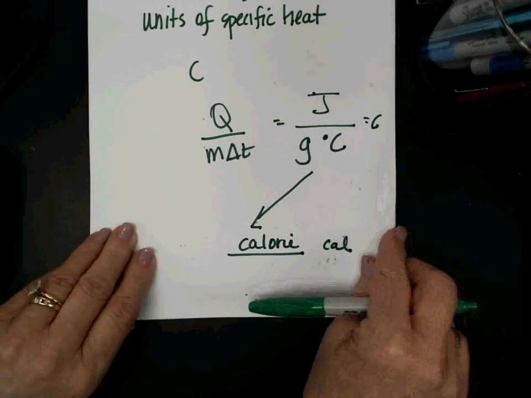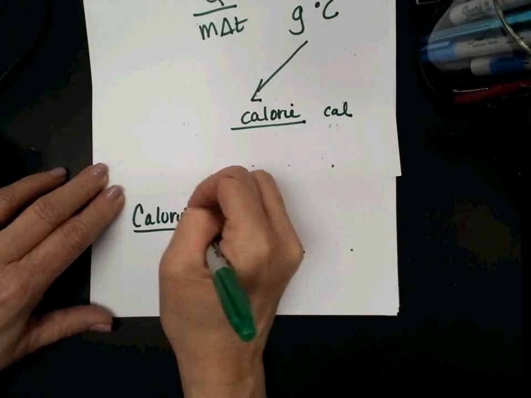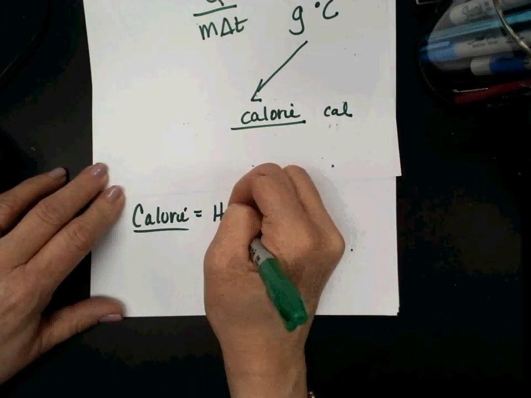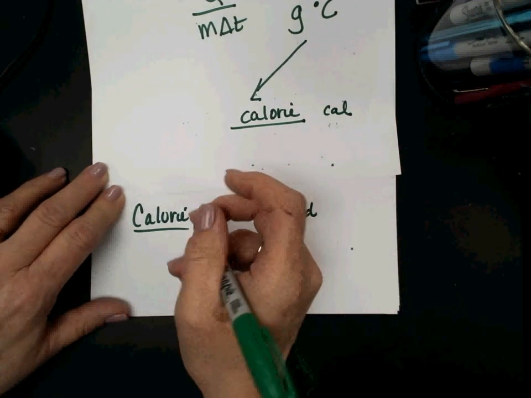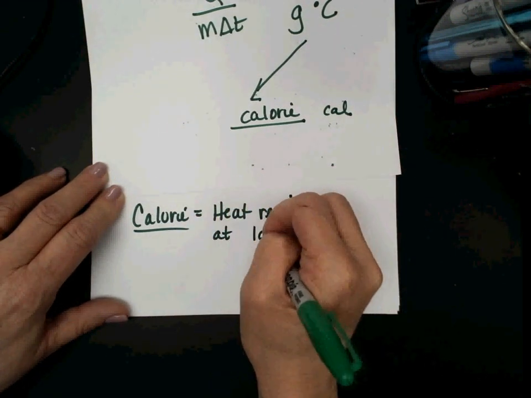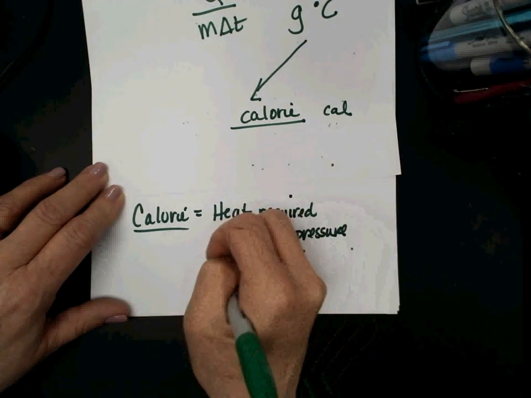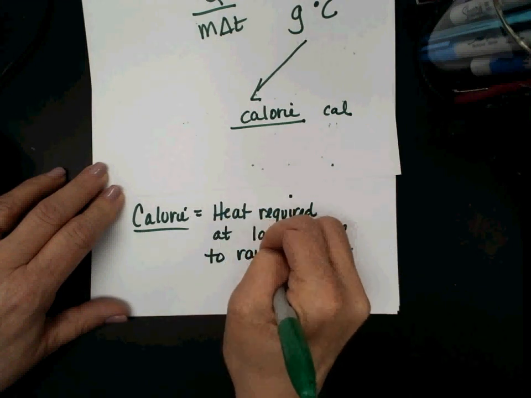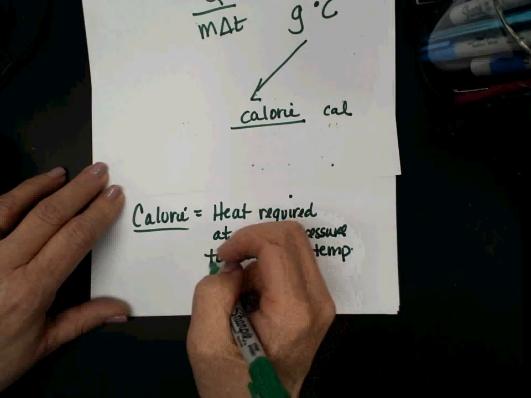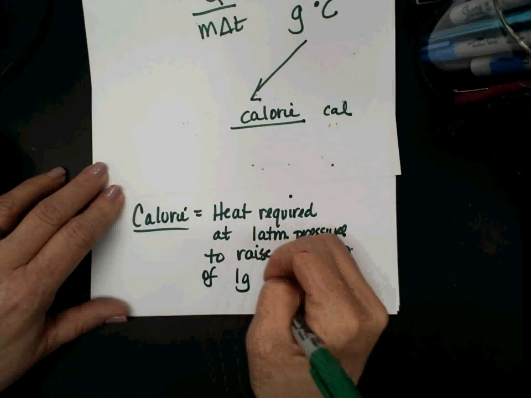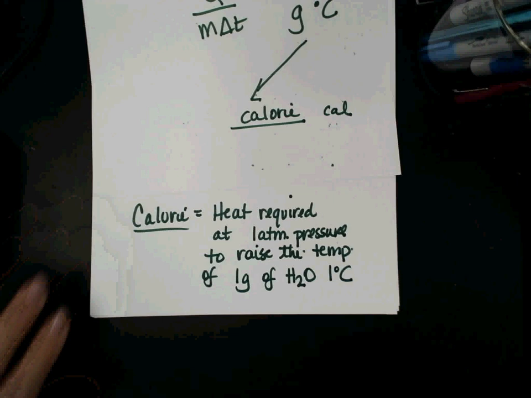When I define calorie, I would say it is the heat required or the energy required at 1 atmosphere of pressure to raise the temperature of 1 gram, it's a little bit different, of water 1 degree Celsius.